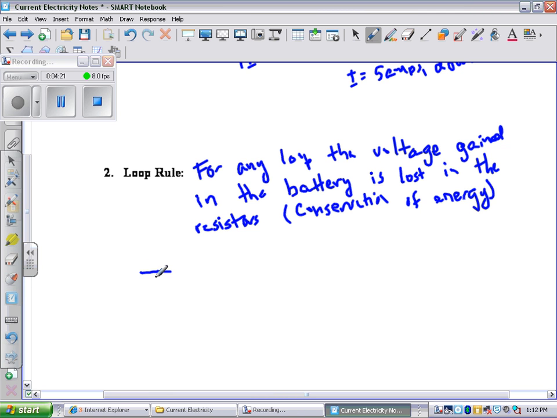I'll have a battery, and then I might have a loop with, say, 2 resistors on it. And I know that this is a 20-volt battery. And then I hook a voltmeter up to this resistor.